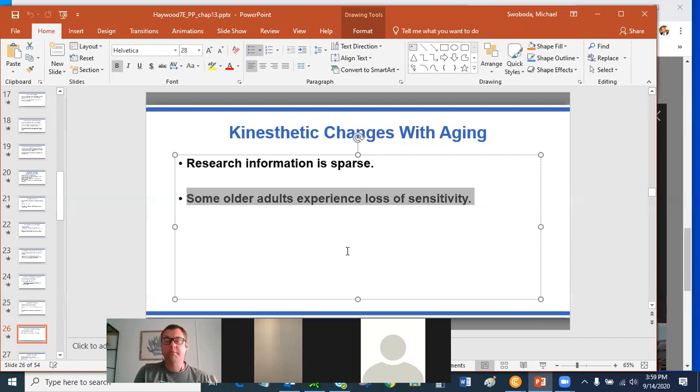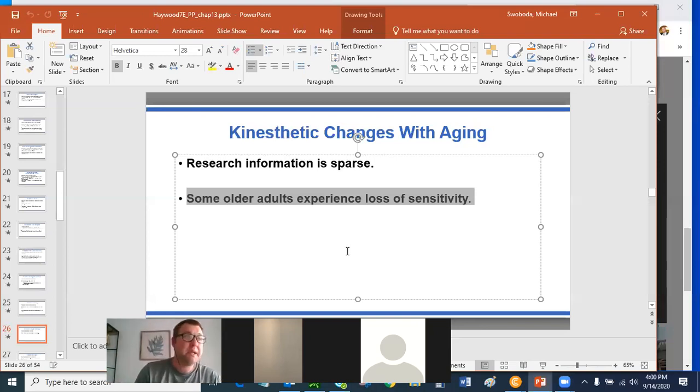The most common cause of this is what's known as peripheral neuropathy. Peripheral means your appendages or your periphery, so that's your hands and your feet. Neuro refers to your nerves. Pathy refers to disease. So this would be disease of your peripheral nerves.